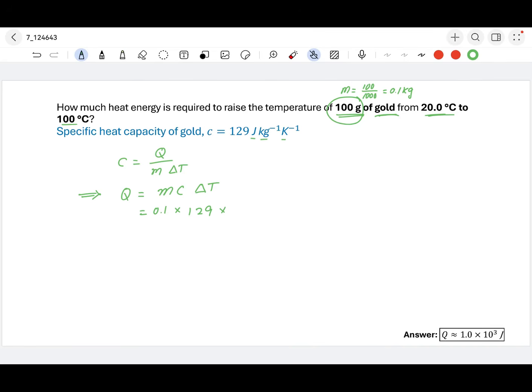And the change in temperature, delta T, is final minus initial, 100 minus 20. Use the calculator. 0.1 times 129 times (100 minus 20). Yes, the answer is 1032.